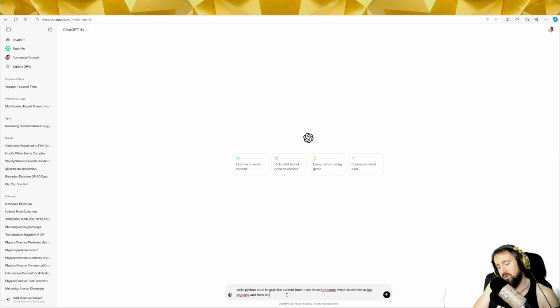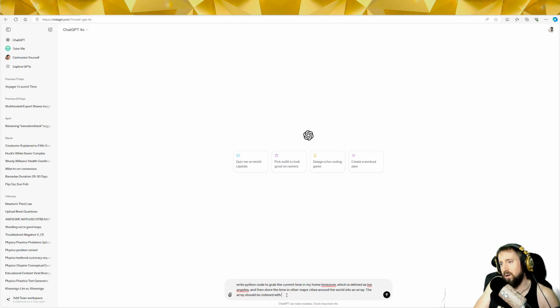And then store the time in other cities, other major cities around the world, into an array. The array should be indexed with the city name first and the local time as the second index.